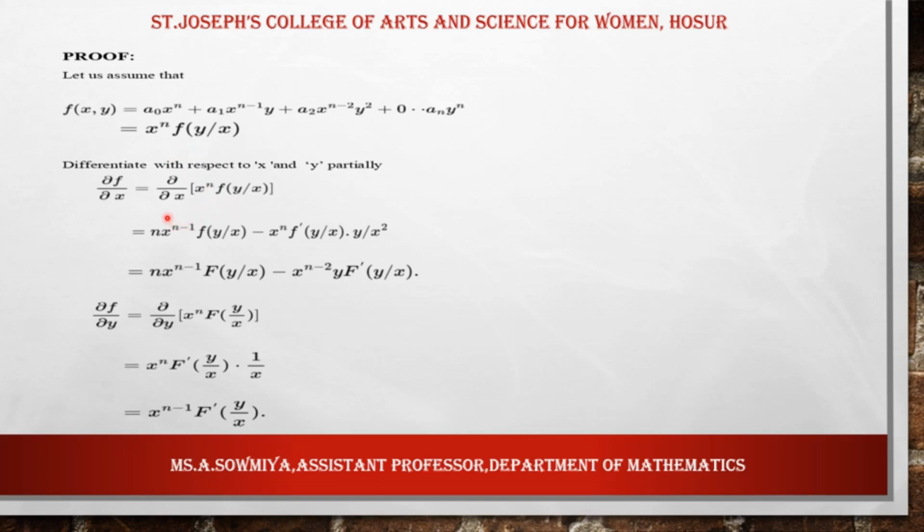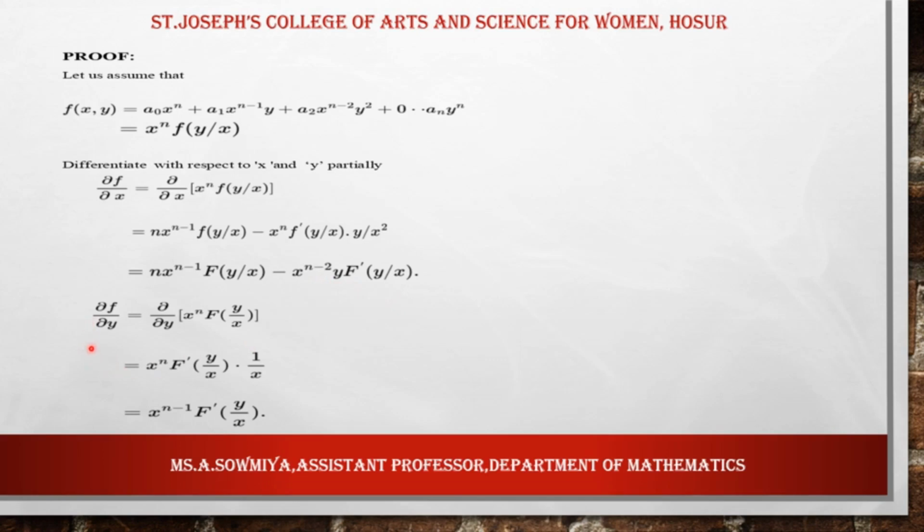Partially differentiating, n into x power n minus 1 into f of y by x minus x power n f dash of y by x into y by x square. Next, n into x power n minus 1 into f of y by x minus x power n minus 2 into y f dash of y by x. Now partially differentiate with respect to y.